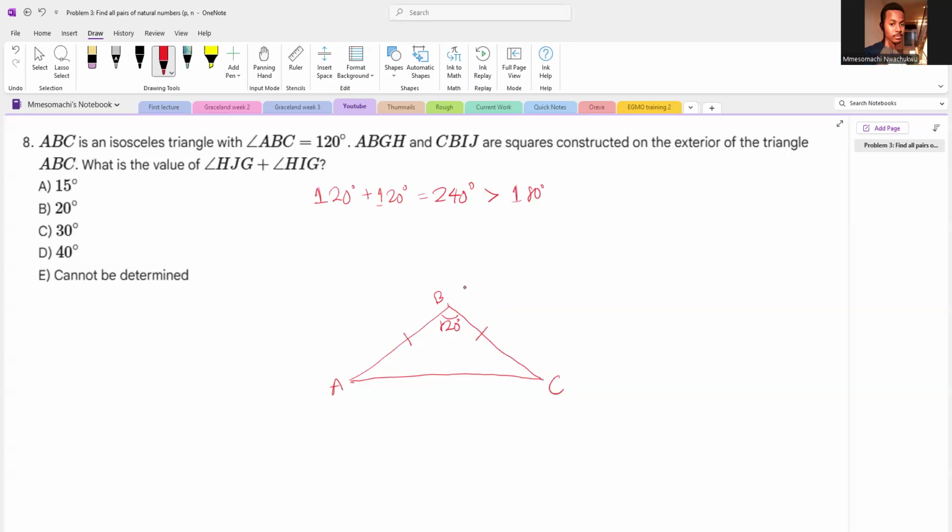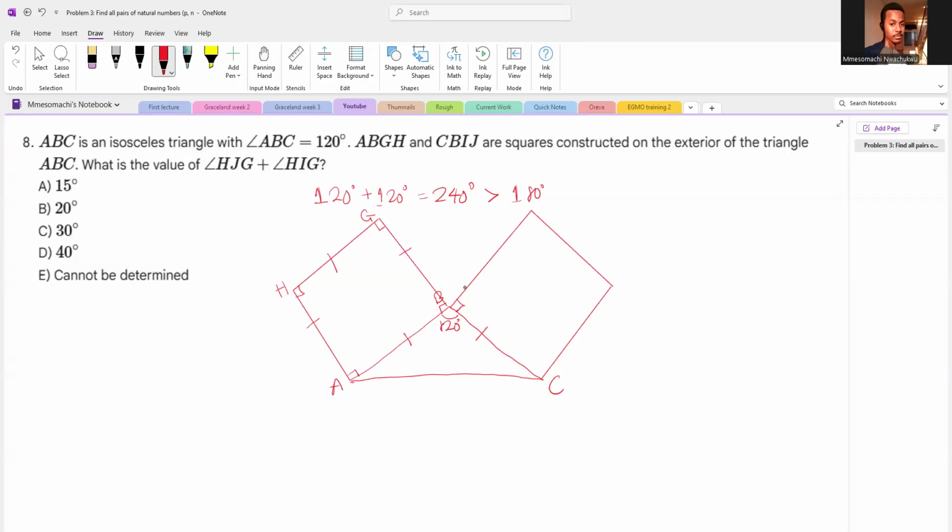So AB, GH, and we have 90 degrees on the square.